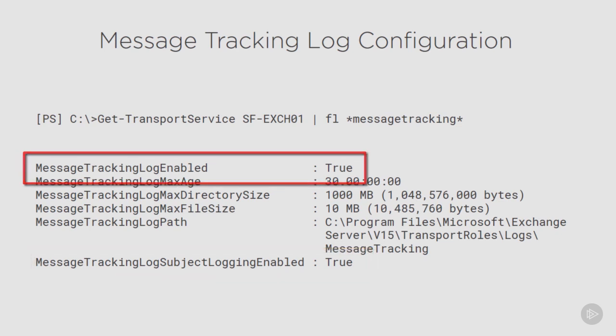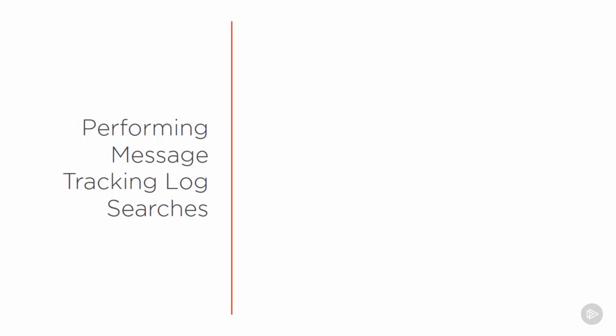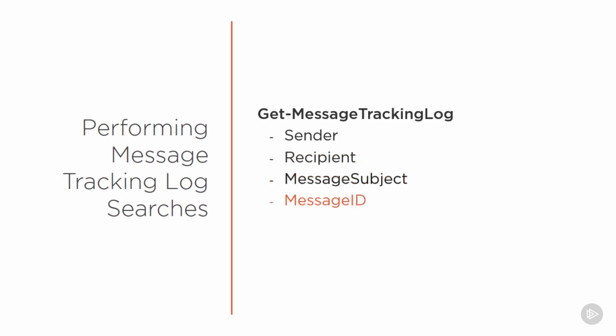Disabling message tracking logs is done on a per-server basis, and there's no additional configuration at the connector level to worry about. When you're performing message tracking log searches, we use the Get-MessageTrackingLog cmdlet, and we can search based on sender, recipient, the message subject, the message ID, and also within date ranges.